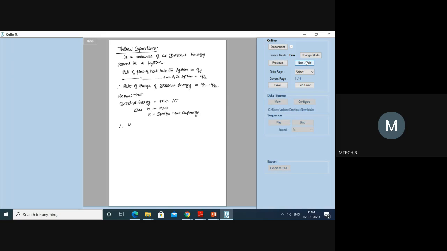Therefore, Q1 minus Q2 will be equal to M into C, delta T, which is dT by dt.